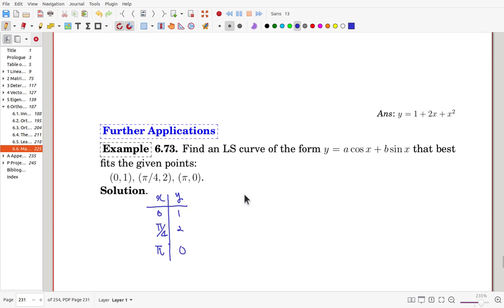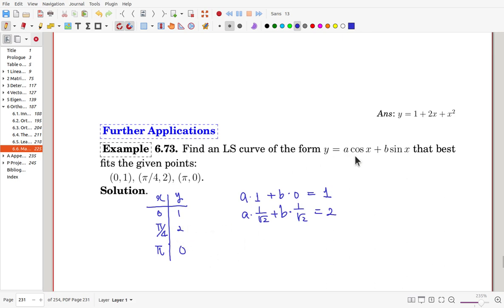Now, for the first one, x is 0, so a times cosine 0, which is 1, plus b times sine 0, which is 0, must be the right side, 1. And from pi over 4, we have a times cosine pi over 4, which is 1 over square root of 2, plus b times sine pi over 4, which is the same, 1 over square root of 2, which must equal the right side, the y value 2.